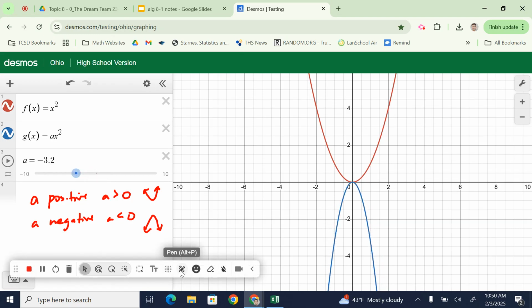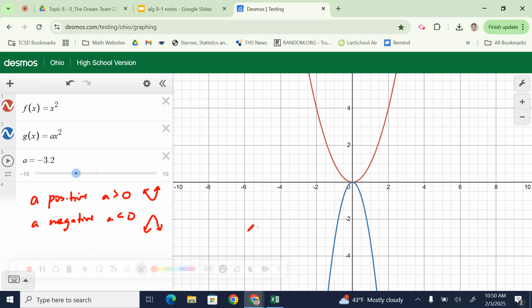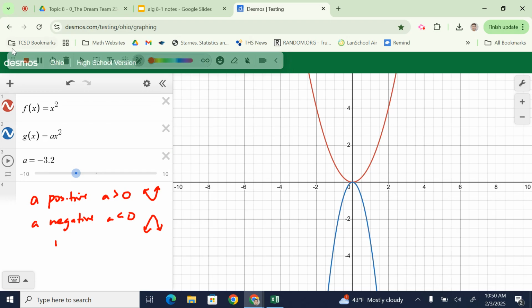Now, a couple things, right? In the geometry world, we call this a reflection across the x-axis. So when a is negative, you are reflecting over the x-axis.